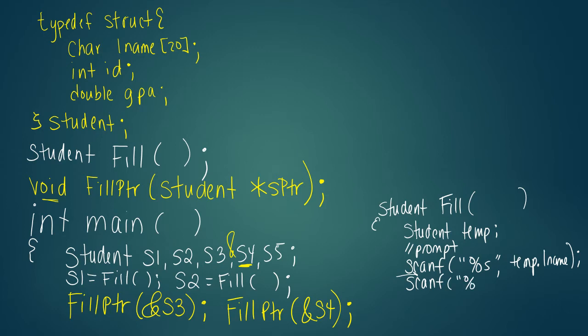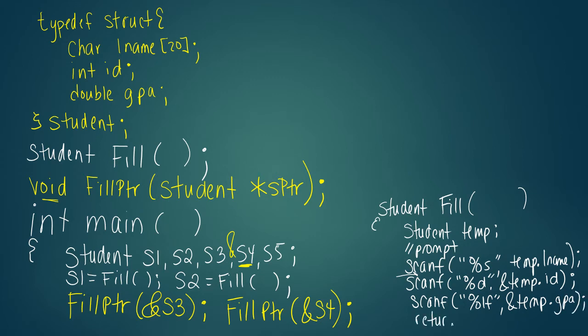Then scanf %d into address of temp dot ID, and of course you want to prompt. Then scanf %lf into address of temp.gpa, and then return your temporary student that was created.